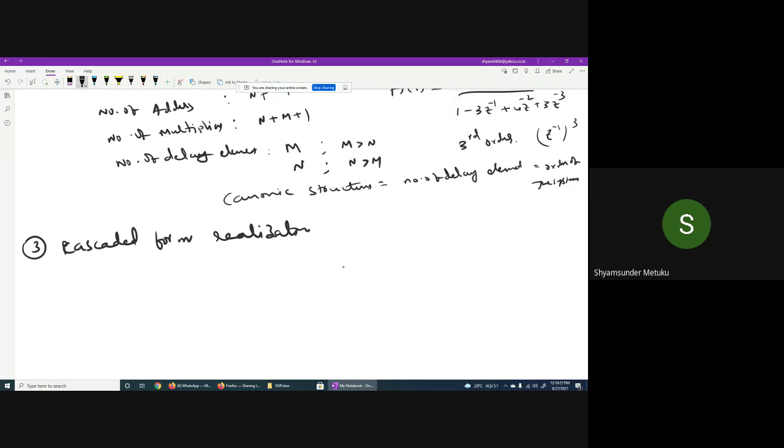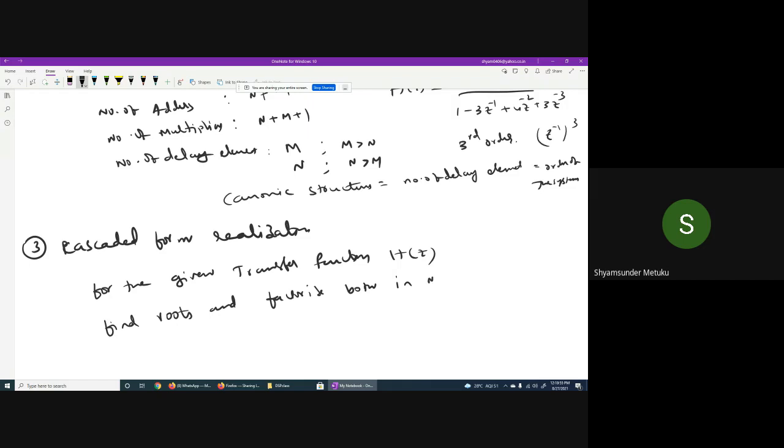The only thing is, for the given transfer function H of z, find roots and factorize, both in the numerator and denominator. I'll tell you the meaning.